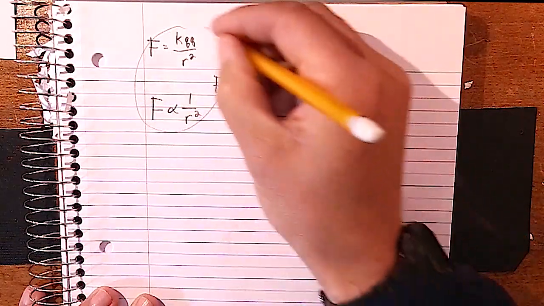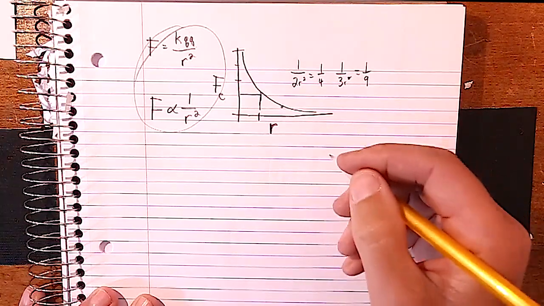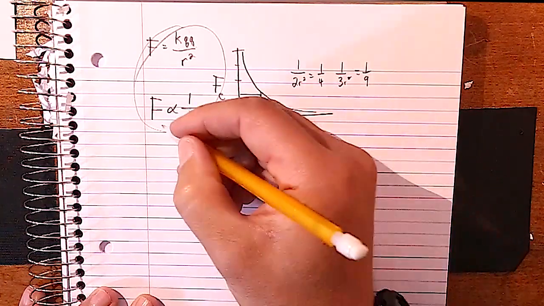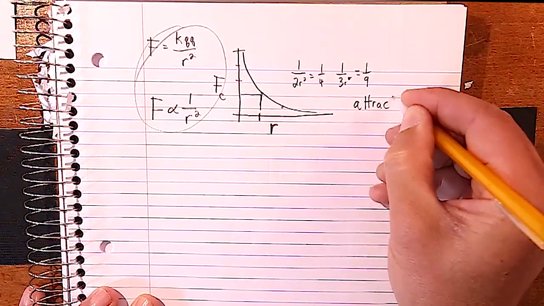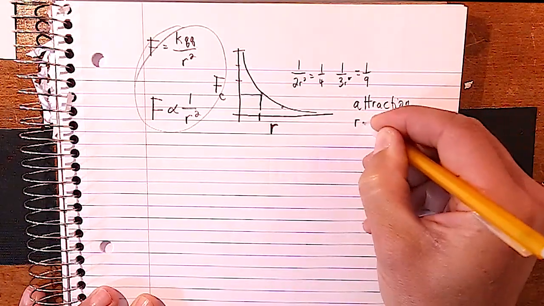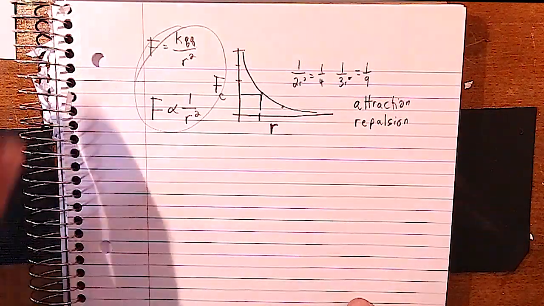The difference about these formulas is that in gravity, you can only get attraction, but with electrostatic force, you can get attraction, but you can also get repulsion. Why? Because two like charges will repel.